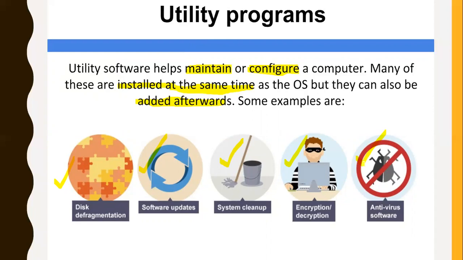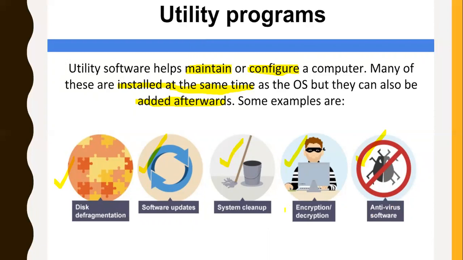Each utility program has its own special purpose. For example, antivirus utility software is used to find and remove the different types of viruses that are present in our computer.